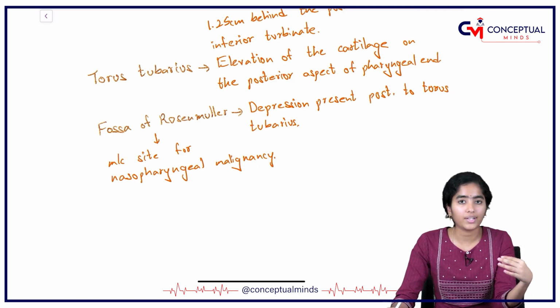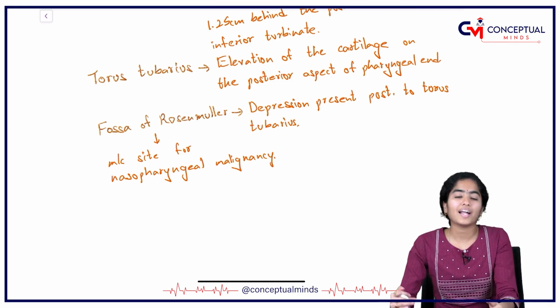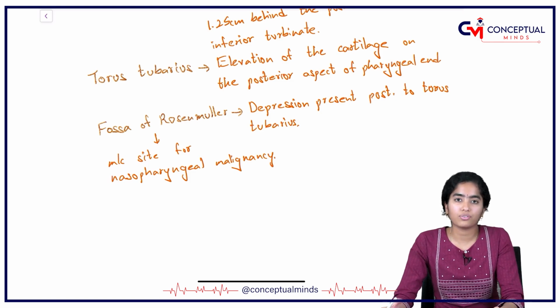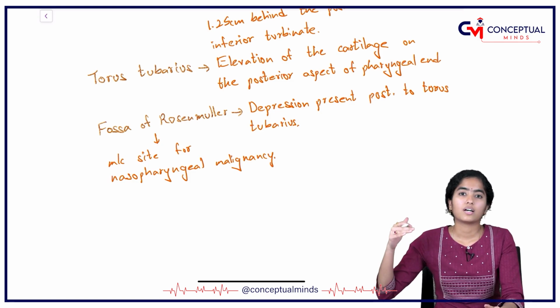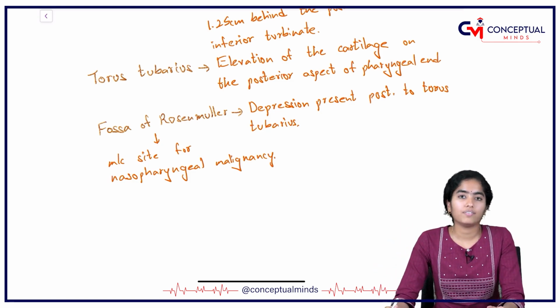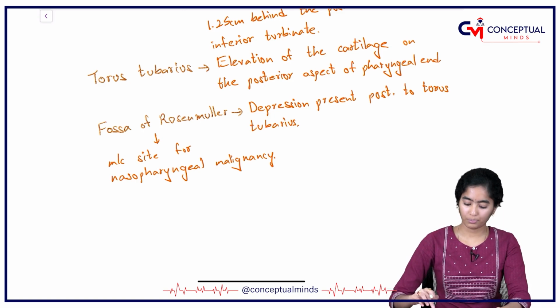Unless you are aware and you consciously search for fossa of Rosenmuller, it is not visible easily. That makes fossa of Rosenmuller important: its predilection for malignancy plus its more or less hidden location. Okay? With this, we complete learning about the opening at the pharyngeal end of Eustachian tube.